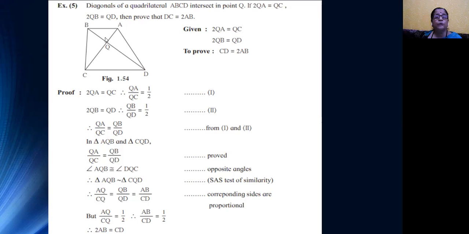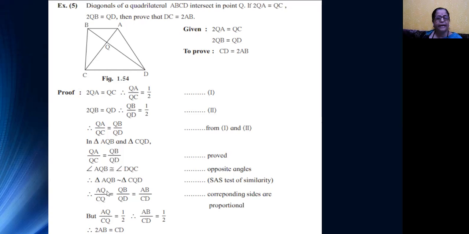These two angles are opposite angles and their sides are in proportion, as we have proved. Therefore, triangle AQB is similar to triangle CQD by the SAS test.